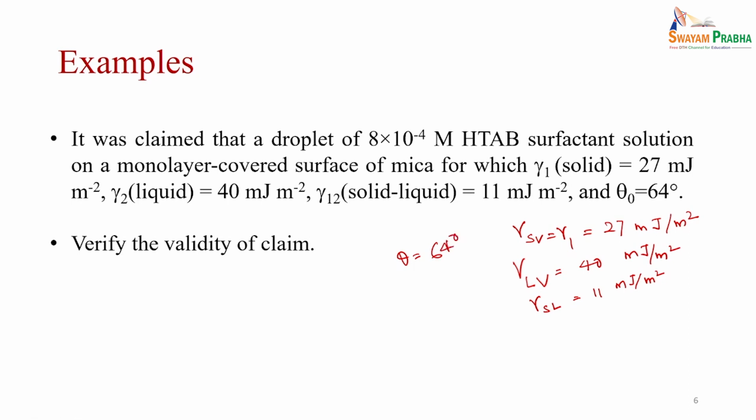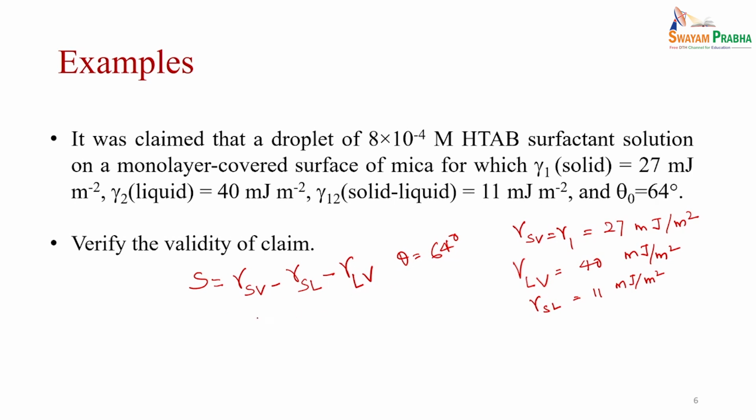So, if you want to verify this, the first thing we will see is whether there will be spreading or not. If you want to calculate the spreading, you have to calculate the value of S, and the value of S is gamma SV minus gamma SL minus gamma LV. Okay.